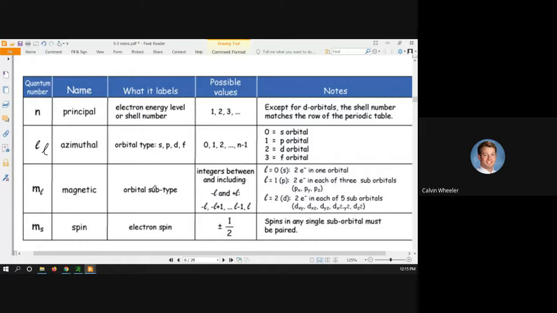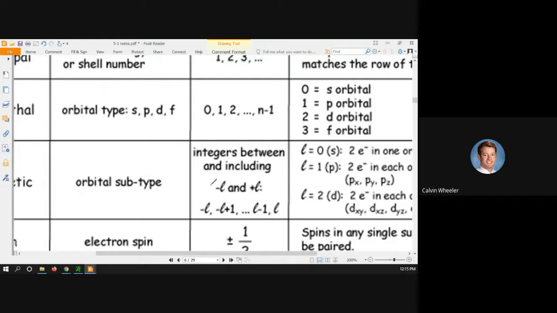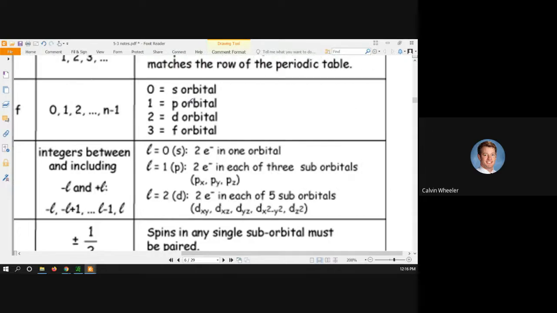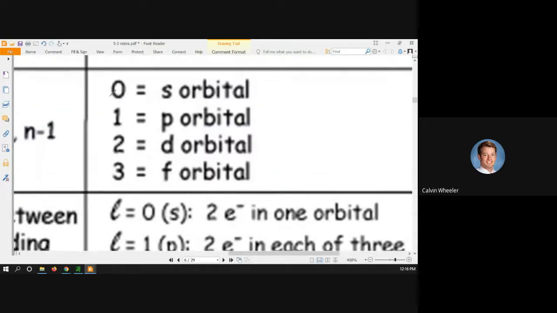For your magnetic quantum number, how do I explain this? A sphere. Let's start with a sphere. So an s orbital is a sphere. If I were to orient that along the x-axis, along the y-axis, and along the z-axis, would there be any difference?